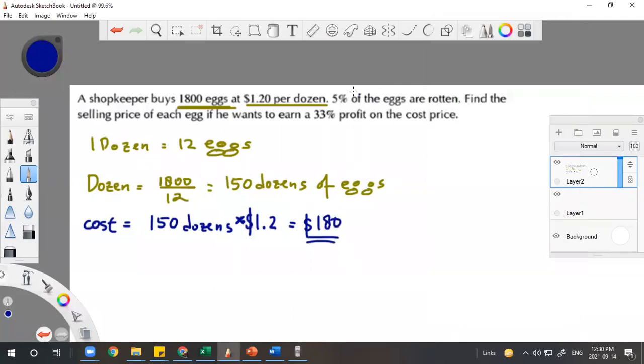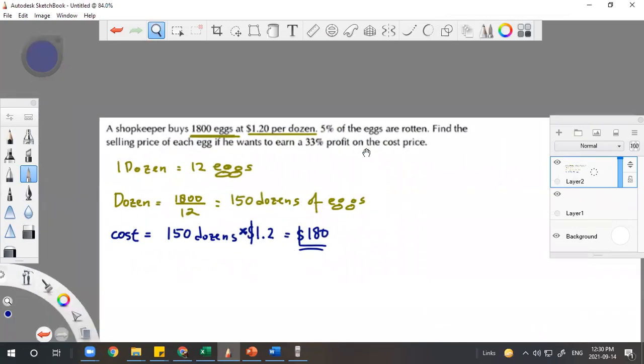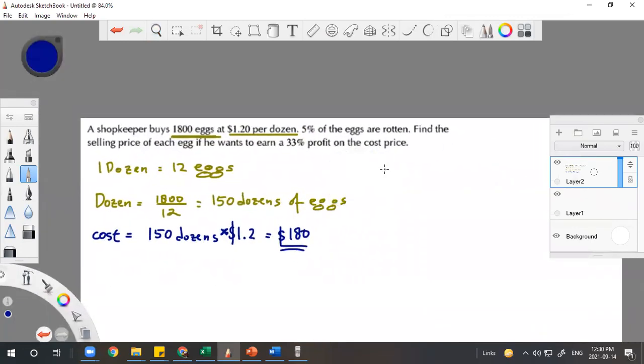Unfortunately, 5% of the eggs are rotten. Can you sell the rotten eggs? Of course not. You have to throw them away, or make them into fertilizer, jadi pupuk gitu ya. So 95% of x can be sold. Again, 1,800x represents 100%, right?